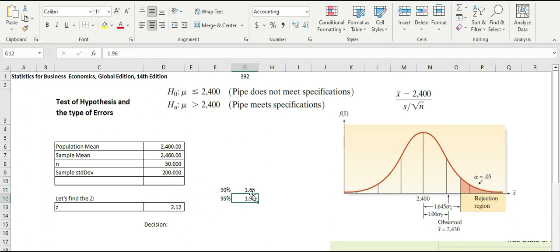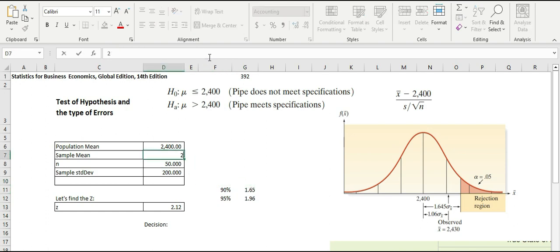What if we lessen this one to 2,450? Using both 1.645 and 1.96, we will accept the null hypothesis.